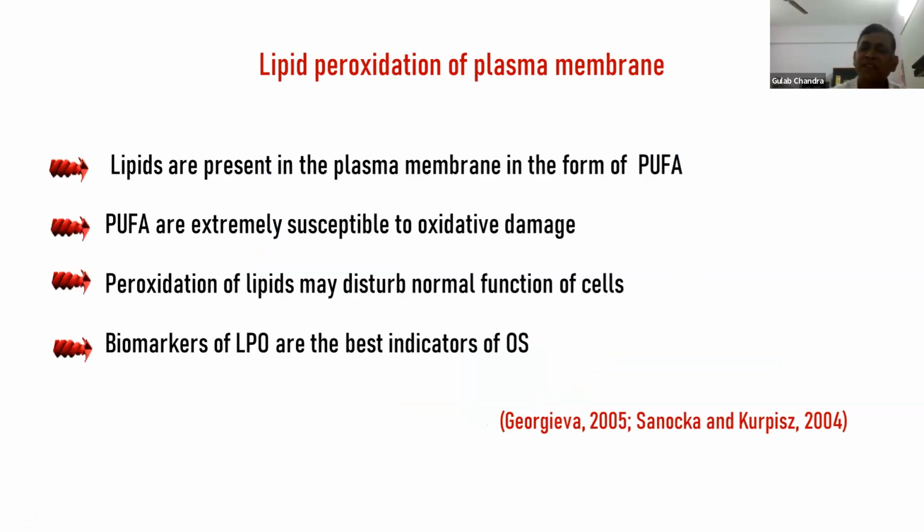Lipids are present in the plasma membrane in the form of polyunsaturated fatty acids. Polyunsaturated fatty acids are extremely vulnerable to free radicals, and this may disturb the normal function of the cells. The lipid peroxide is the best biomarker of oxidative stress.